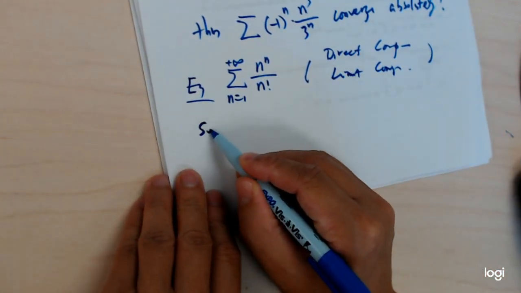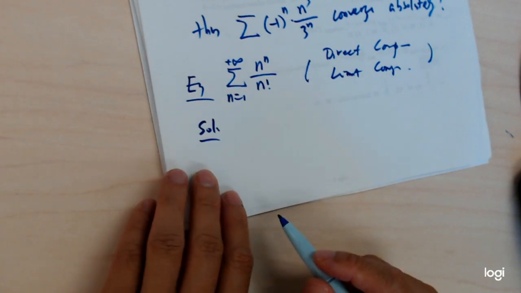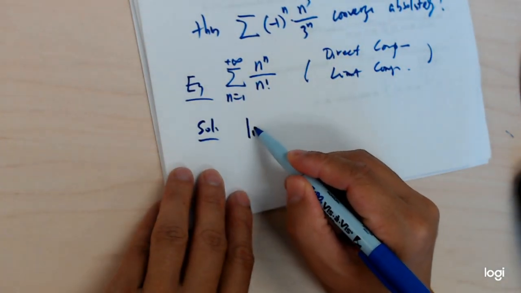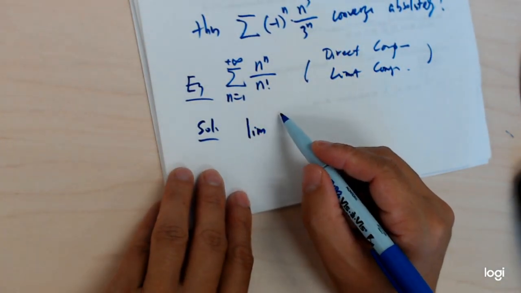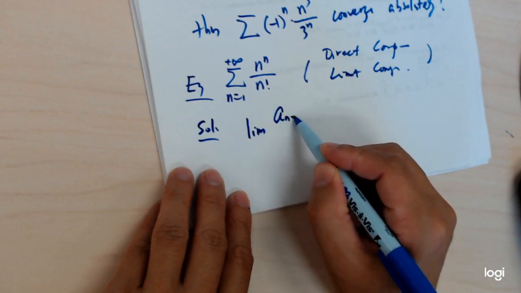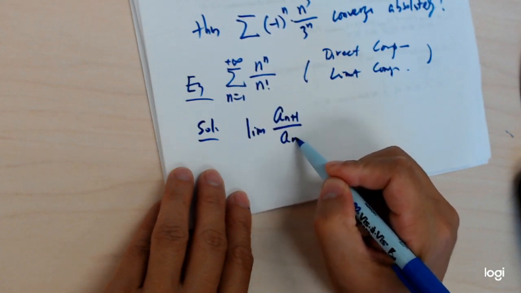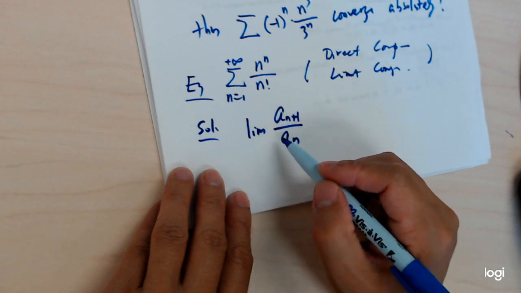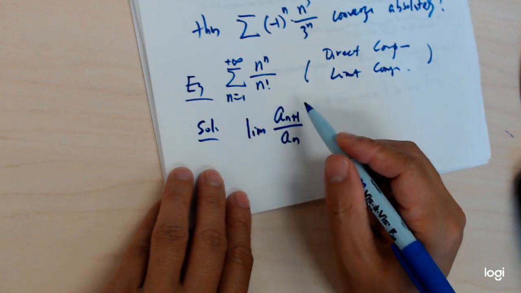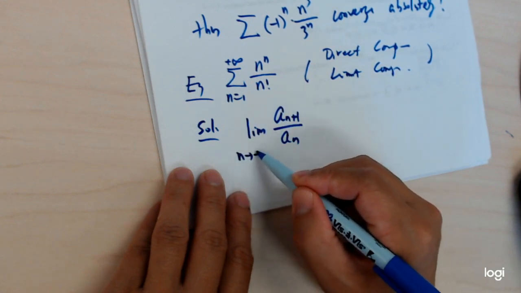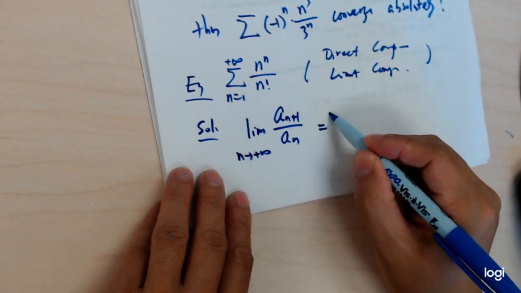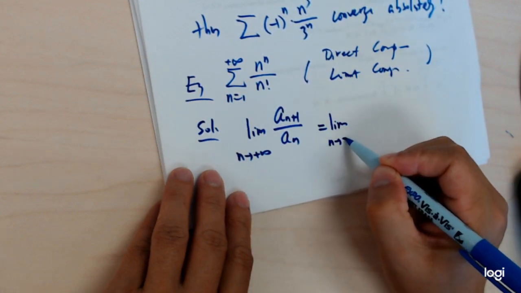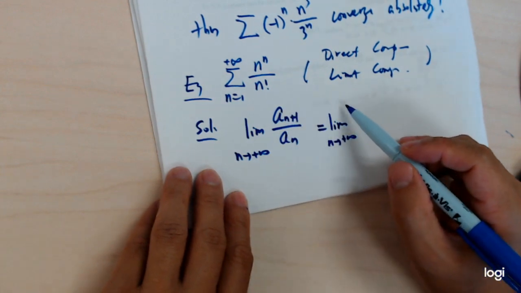So, solution. Now I can tell the reason why the ratio test is so powerful, because I don't need to think about anything to compare with. I do the limit of the ratio here. And notice in this example, I don't need the absolute value sign anymore because it's positive. So I write down a sub n plus 1.